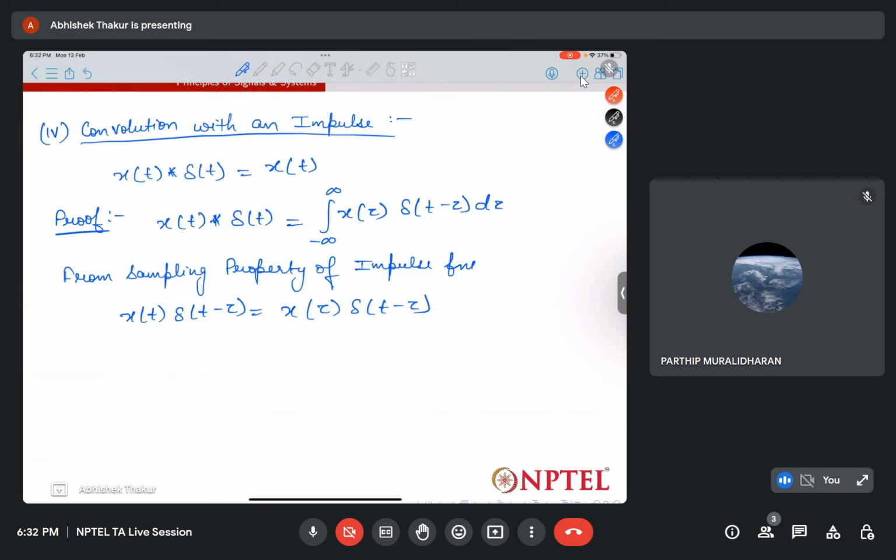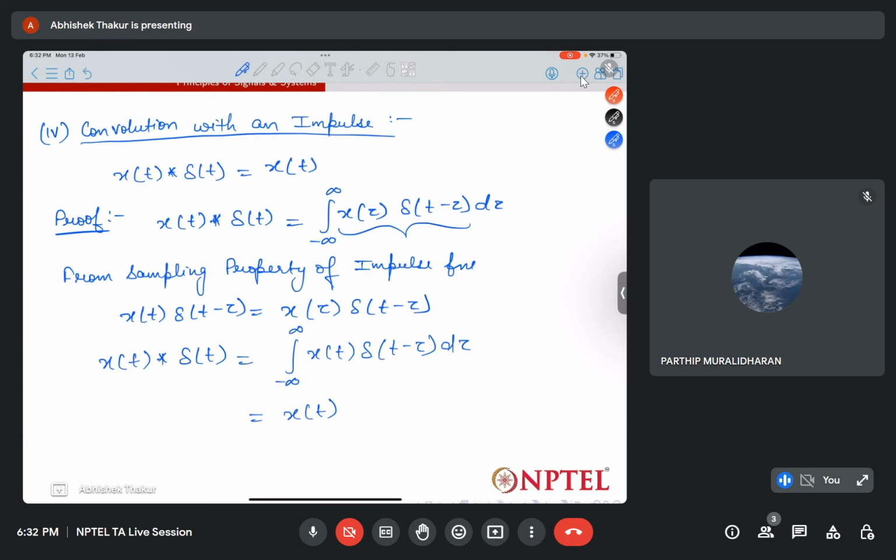So we can write x(tau) delta(t minus tau) as x(t) into delta(t minus tau), and this integration is with respect to tau. So we'll take the term of t outside.